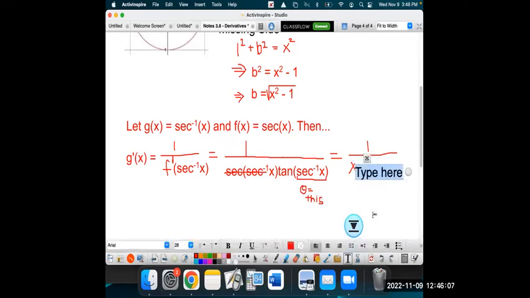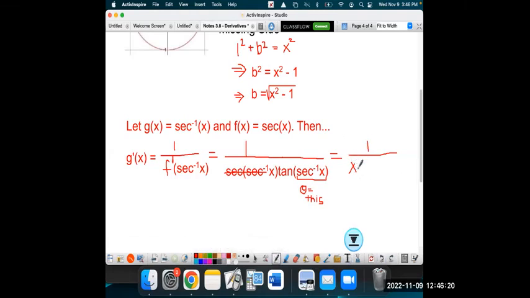So really, I have x times tangent x. Or, I'm sorry, x times tangent of theta. And maybe I will just write that. So I am going to go up above and do a little bit of side work to figure out what tangent of theta is.